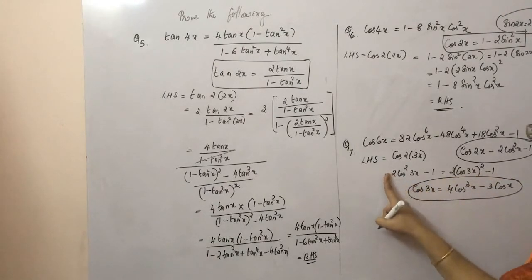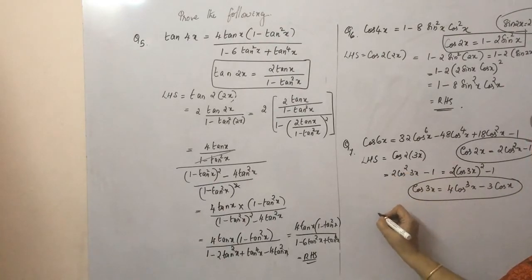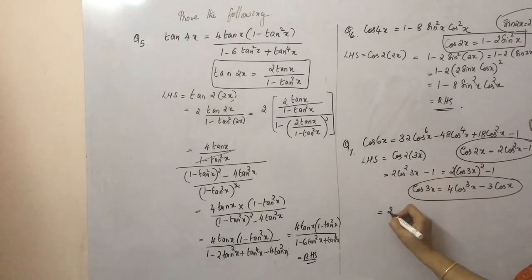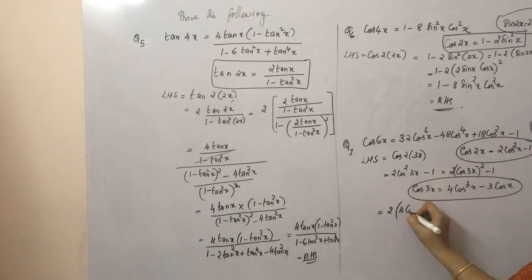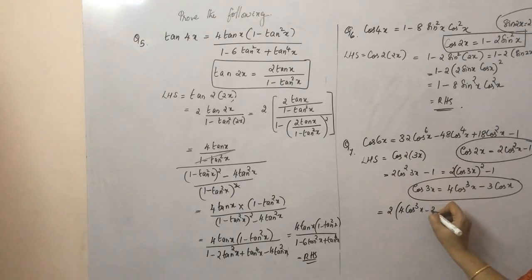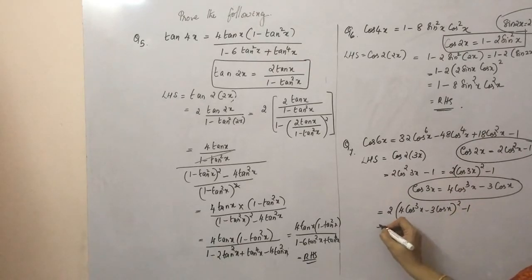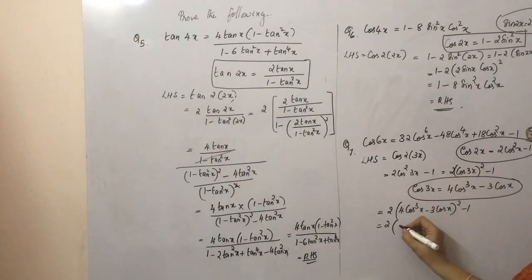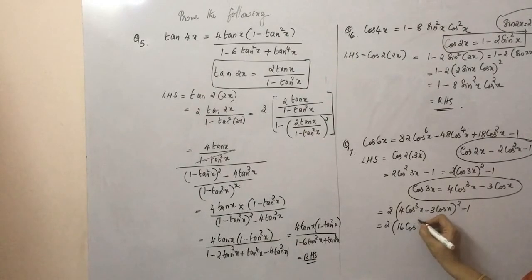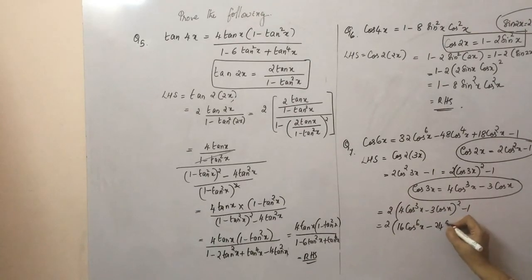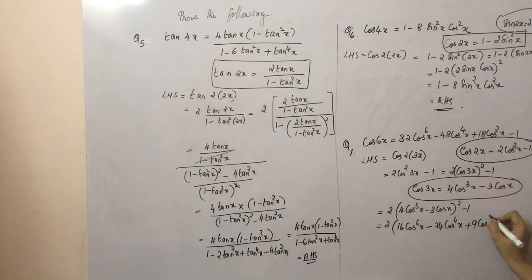So I have this as 2 times 4 cos cube x minus 3 cos x, the whole square, minus 1. So this is equal to 2 times what? 16 cos raised to 6x minus 12 into 2, 24 cos raised to 4x plus 9 cos squared x, minus 1.